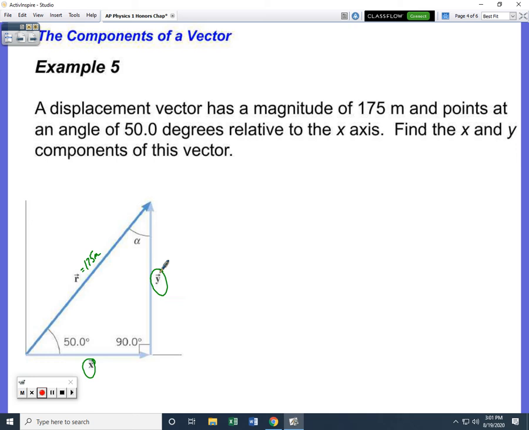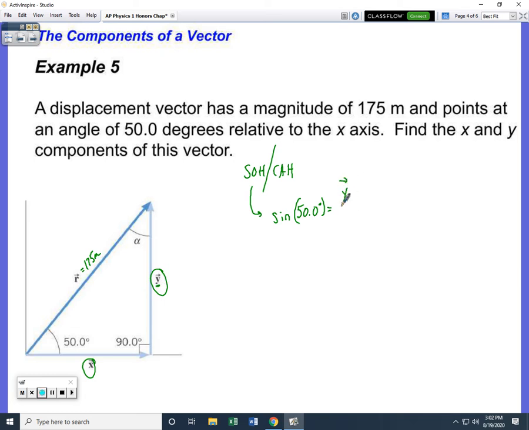Before, if you noticed, I used a lot of tangent. I used tangent when I was solving to find that resultant. Now I'm going to actually pick out the SO and CA of SOHCAHTOA to try to figure some stuff out. And the reason why is the sine of my angle here, this 50.0 degrees, would equal my opposite side. So the opposite side is this y.